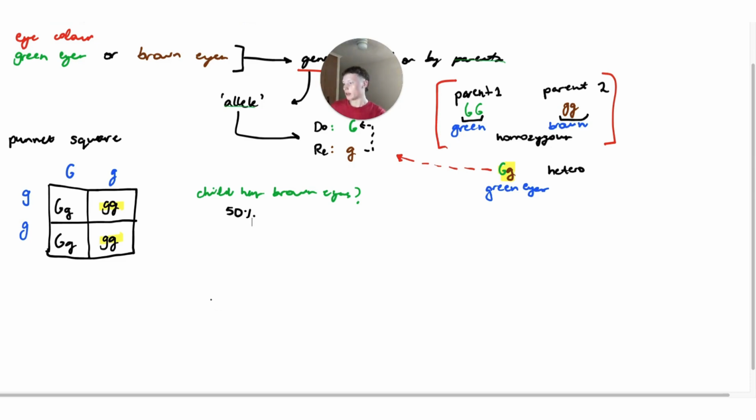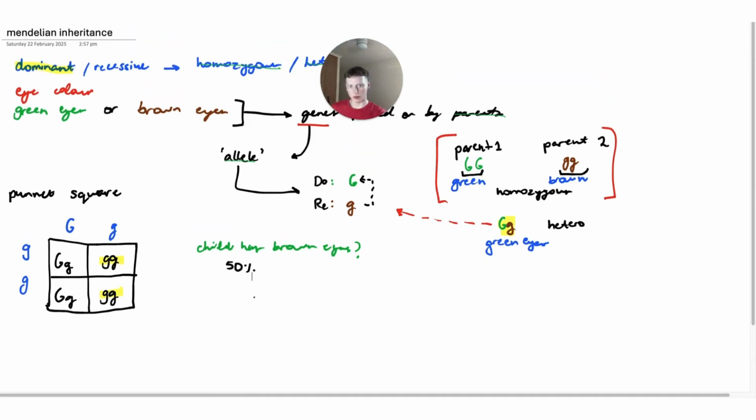Okay, so that's a really quick overview of the foundation concepts of dominant and recessive alleles, and individuals being homozygous or heterozygous for a particular trait, and how someone can express a trait but still carry the recessive allele and pass it on to their children.